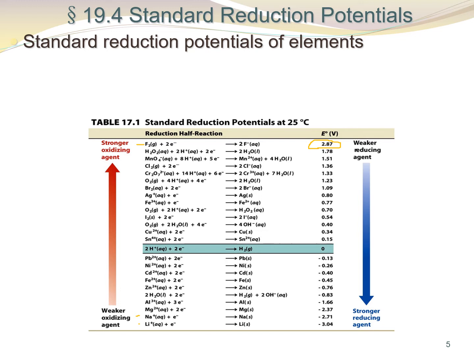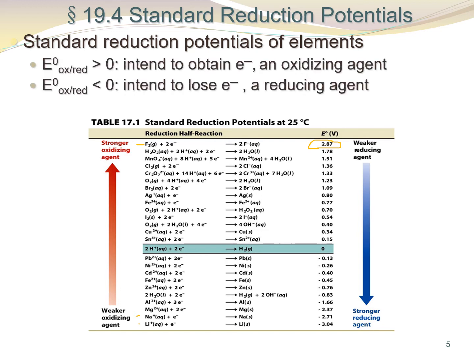From this list, we realize that the more positive the reduction potential is, the stronger the oxidizing agent it is. And of course, if you reverse it, the more negative the reduction potential is, the greater the reducing agent it becomes.